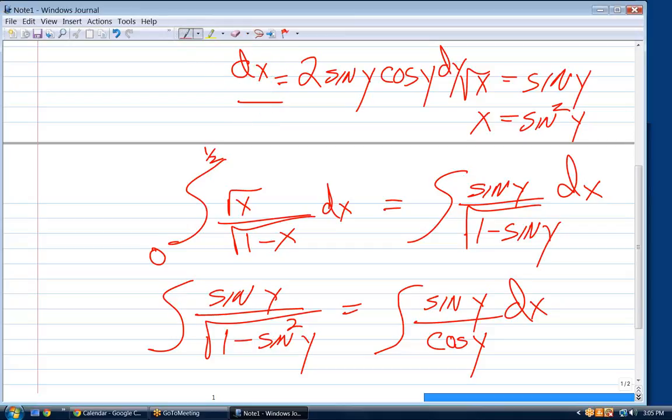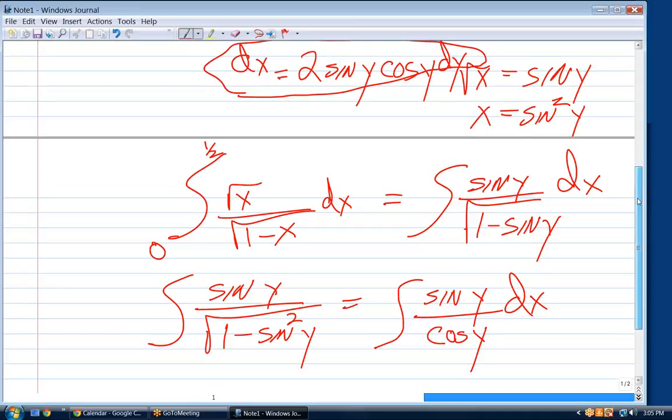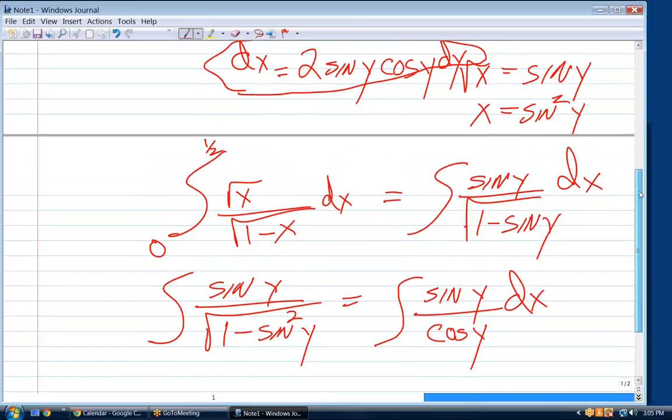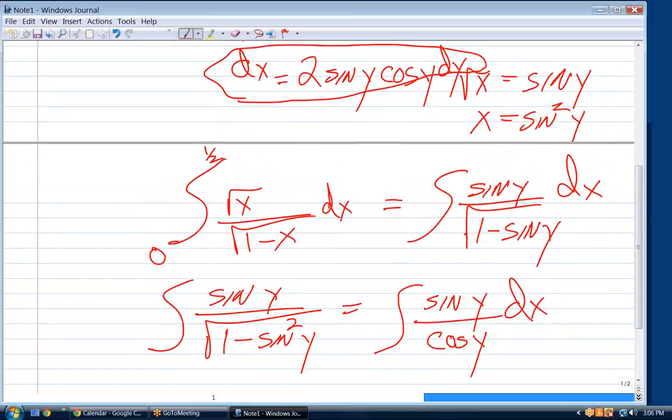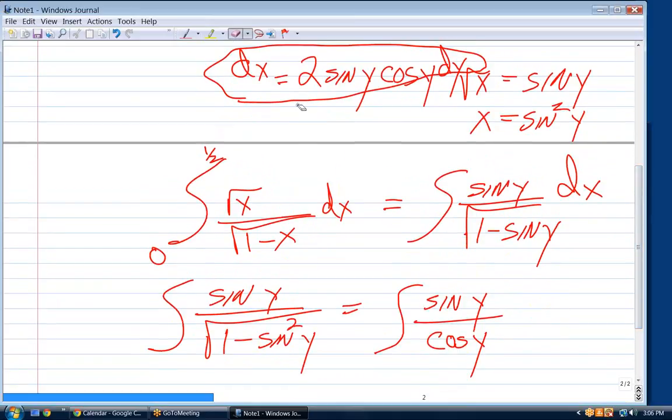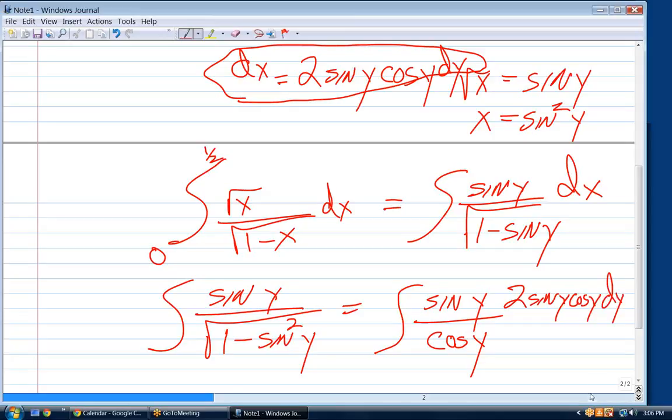So here's what I want to substitute for dx. And notice why this is going to work. In place of dx, I'm going to write 2 sine y cosine y dy.